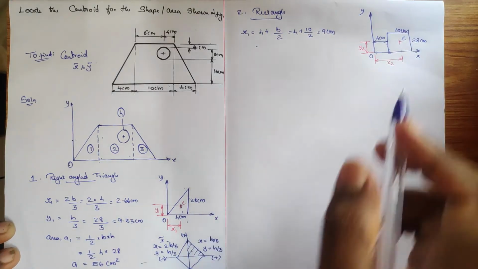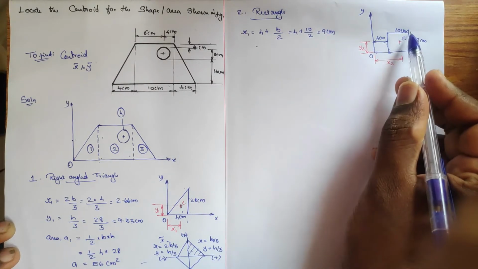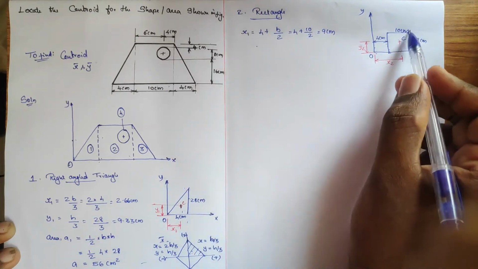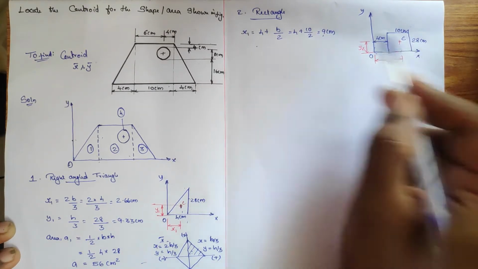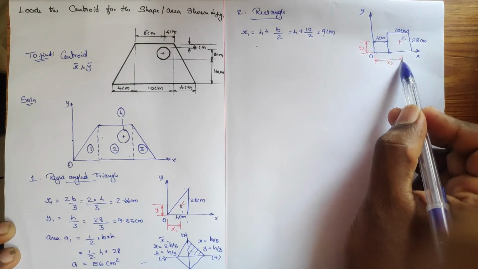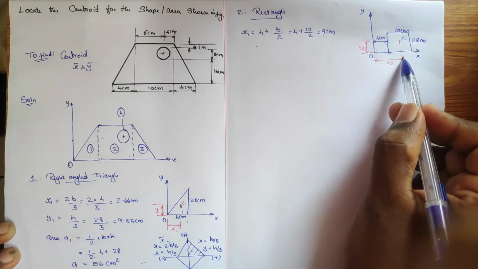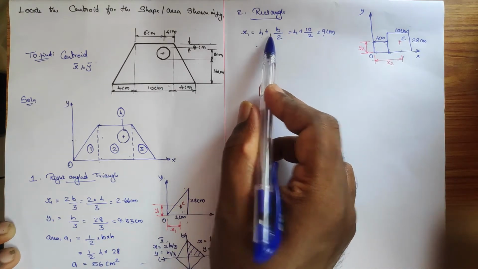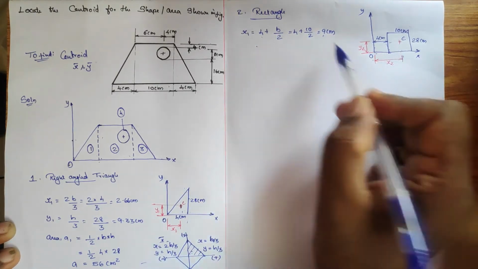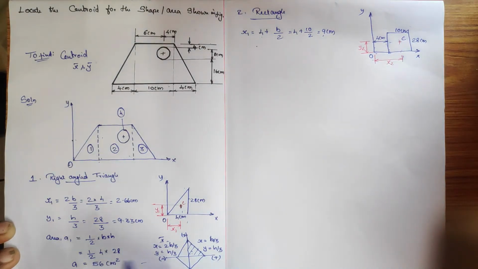Have you got it? Always remember, if you put b divided by 2 alone in this place, then your answer will be wrong. Our task is to find the distance from O to this particular point C. So this gap must be measured first, and then its self-centroid formula must be added. Always keep it in your mind.